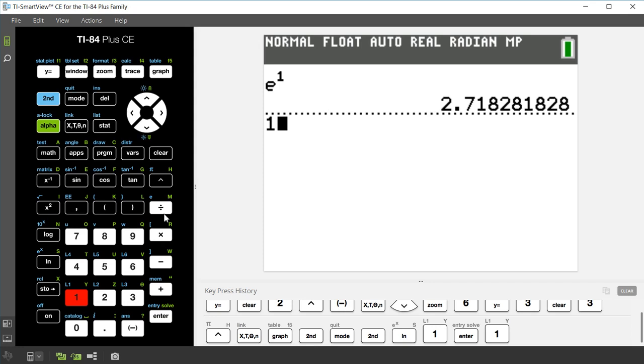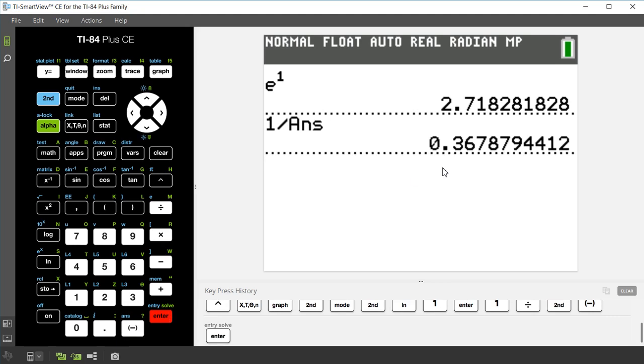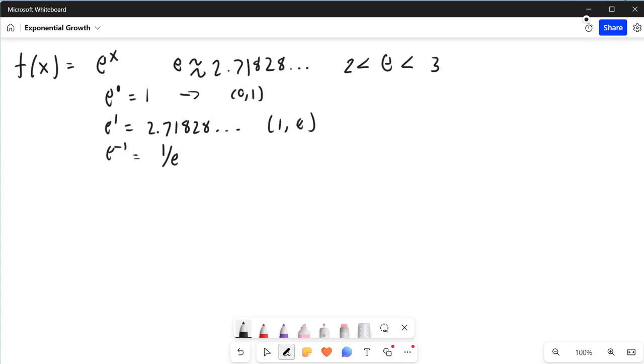Now, granted that e is somewhere between 2 and 3, for 1 over e we could just do 1 divided by the previous result. And it's like 0.37. My rule of thumb is that if that's a 3, then it should be a little bigger, so that should be close to a third, right? So you can see that as the x gets bigger, it gets smaller.